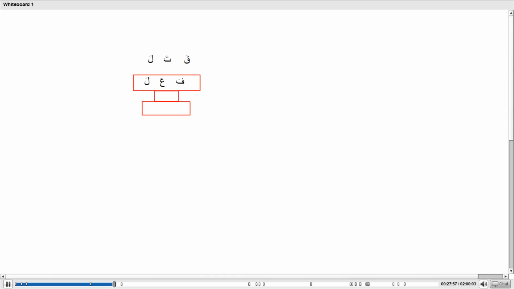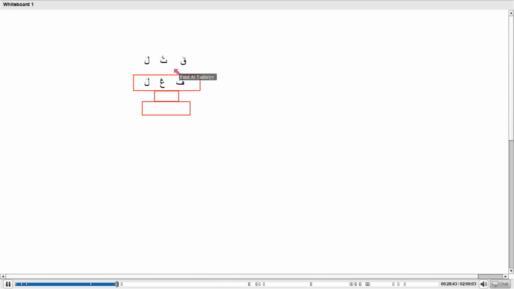As you can see, we did not take away the haraka of the second identical letter, which is the fatha. Now to express this merging, we put a small w with the haraka of the second identical letter. This sign expresses that this letter is actually two letters that were merged.